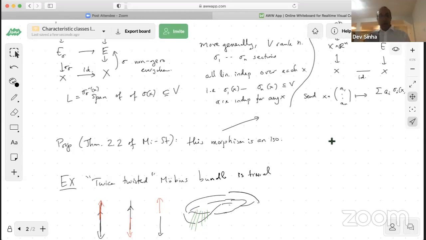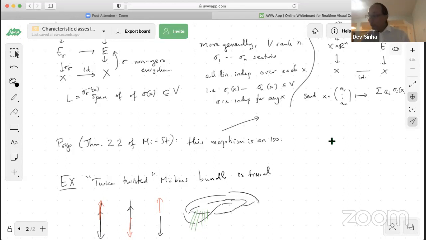Right, so really I would mean that I'm going to make a bundle over the circle by, quote unquote, twisting twice. It's a good question how to explain what this is as an abstract vector bundle.